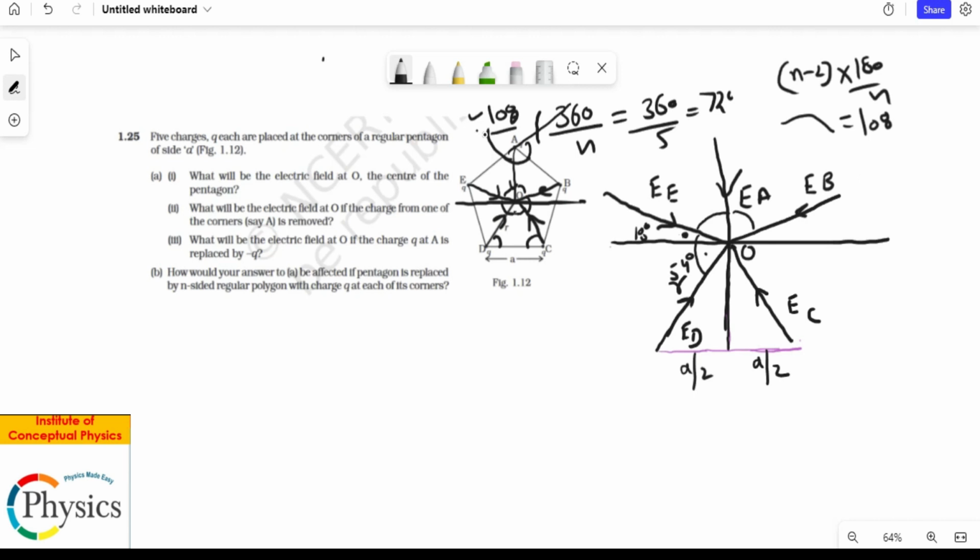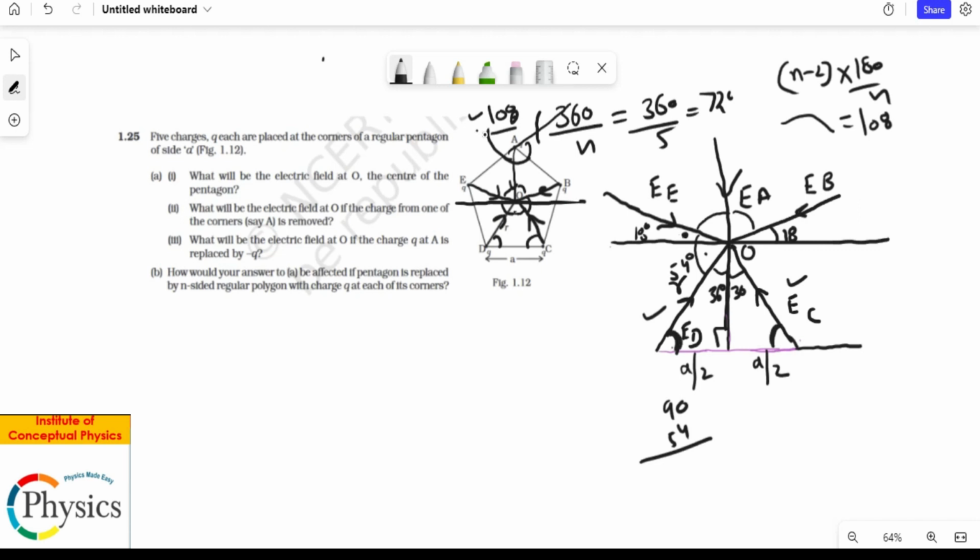So this is 18 degrees, and this too by symmetry is 18 degrees, and this is again 54 degrees, 54 degrees, and this angle is 90. 54 and 90, so this angle is 36, and this is also 36. So we can resolve EC and ED, because the angles are 36 degrees each.